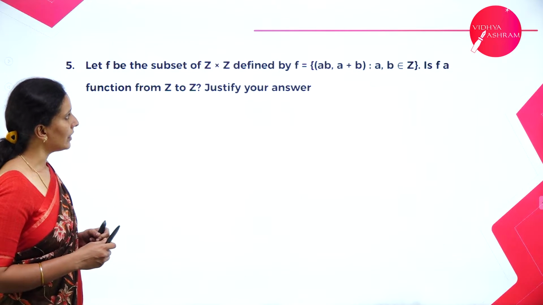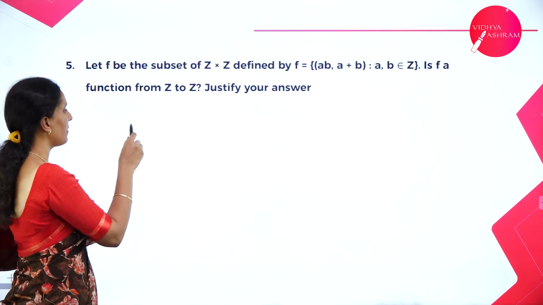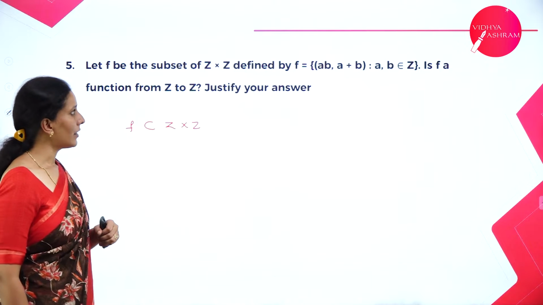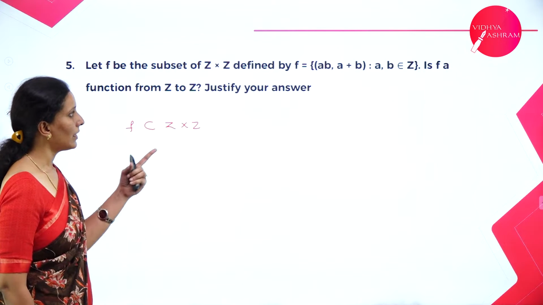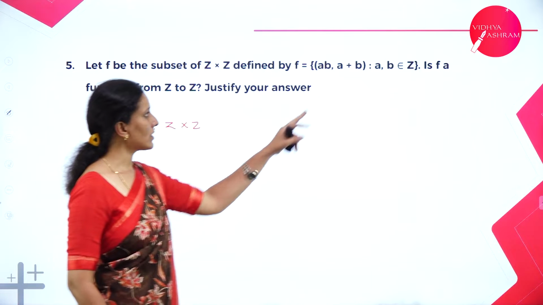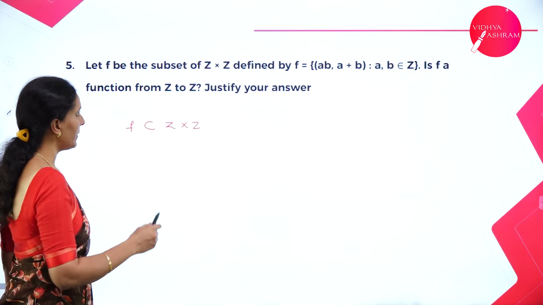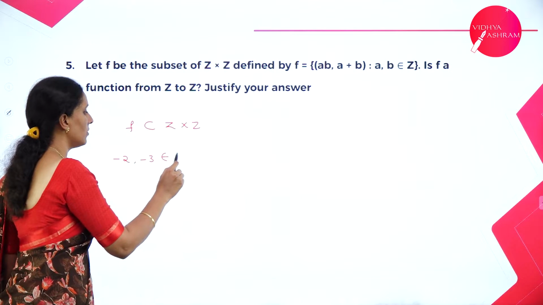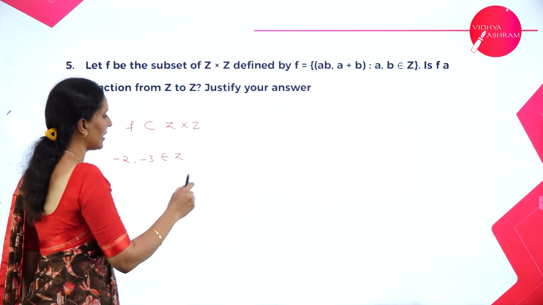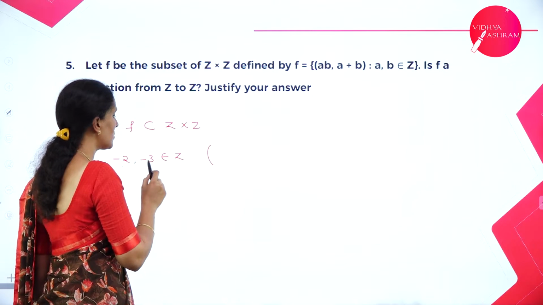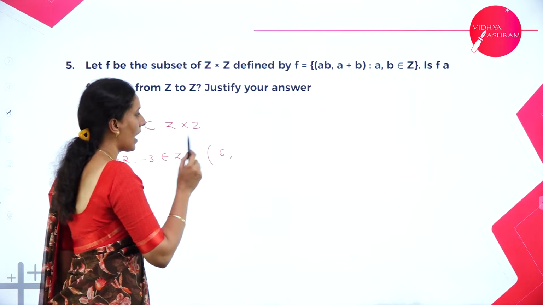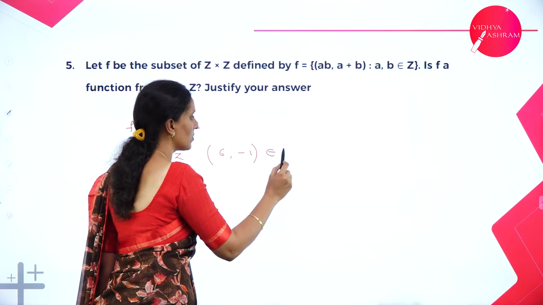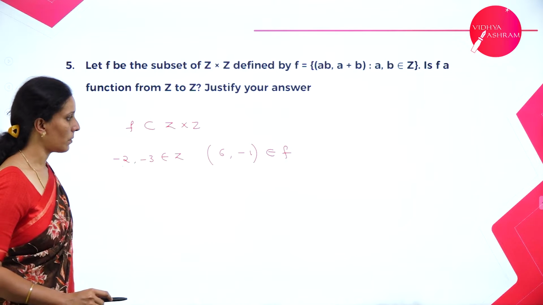So here clearly F is a subset of Z cross Z, that is, it is a relation in the Cartesian product Z cross Z. But let me take any two elements, a, b belongs to Z. Let me take the elements -2, -3 belongs to Z. Then ab, that is -2 into -3, which is 6, and a+b, -2 plus -3, becomes -5. Hmm, so (6, -5) belongs to F.